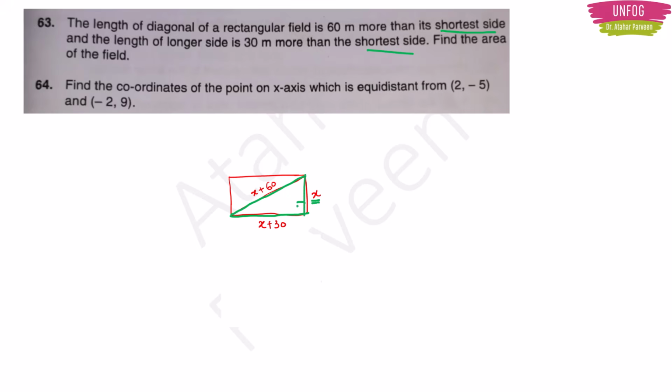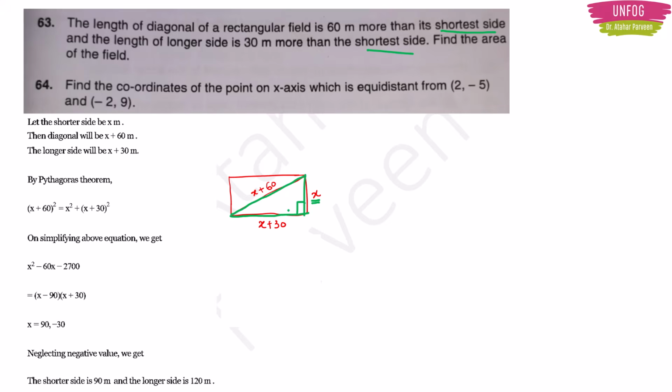Now this is a 90 degree angle because they are talking about a rectangular field, and we have to find the area of this entire rectangular field. Now things become easy for me. I will use the Pythagoras theorem directly. Once I use it, I will get a quadratic equation. If I solve that quadratic equation, I will get the value of x.